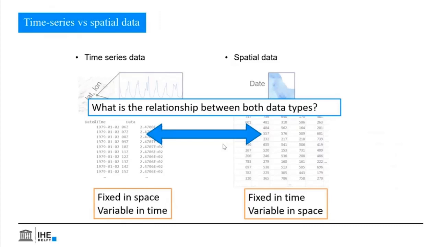If it is time series data, most of the time it will be fixed in space. So, for example, rainfall data collected in a rain gauge station will be fixed in space with a coordinate and values in time. Meanwhile, a raster data that represents evapotranspiration of a month will be fixed in time, but the value will be variable in space.